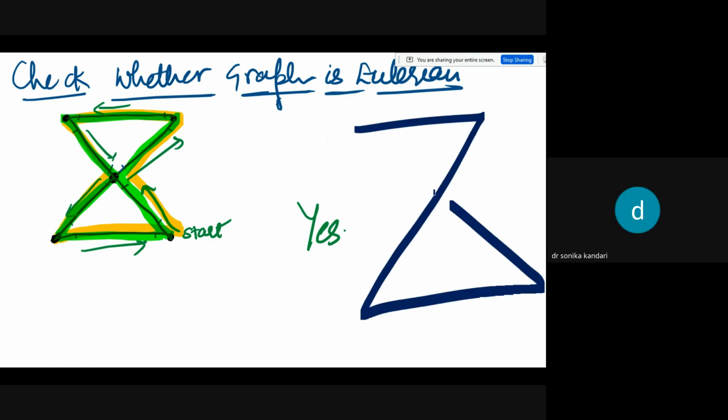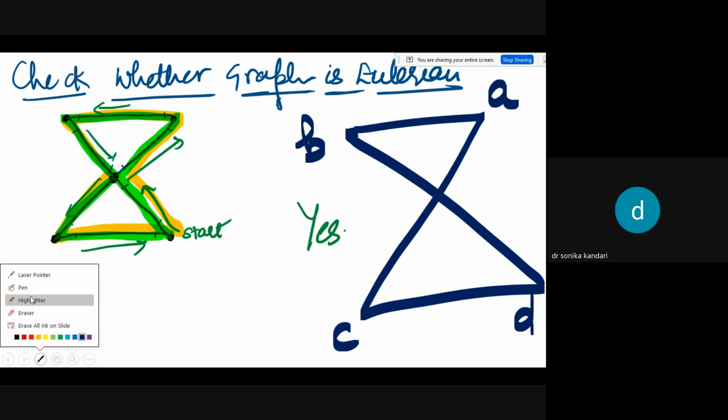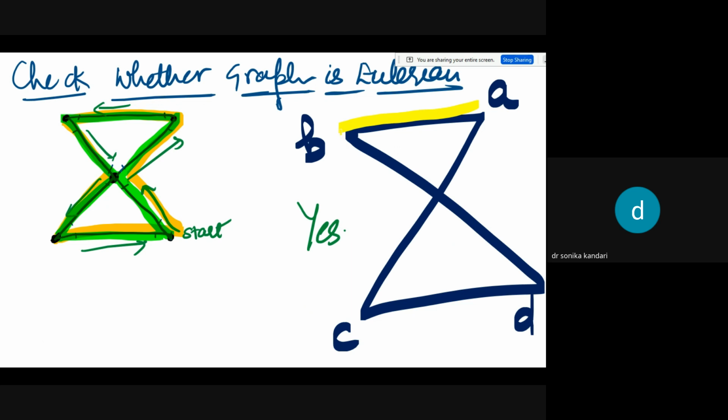Suppose this is your diagram. Fine, you have A, B, C, D. Now let us see. A to B. Okay, this edge is covered.